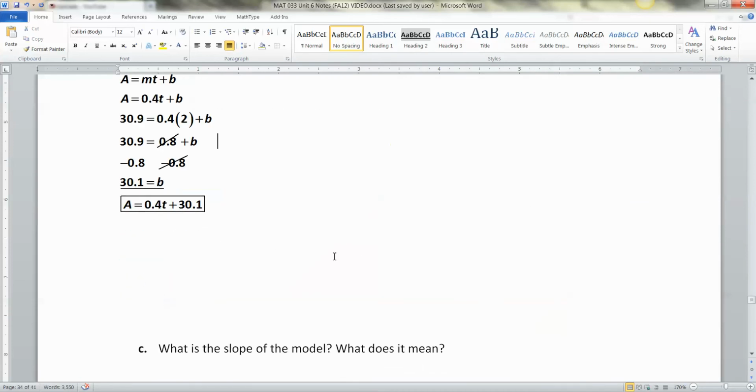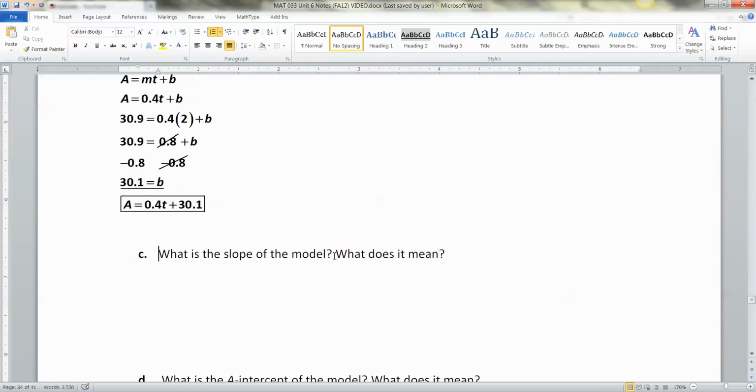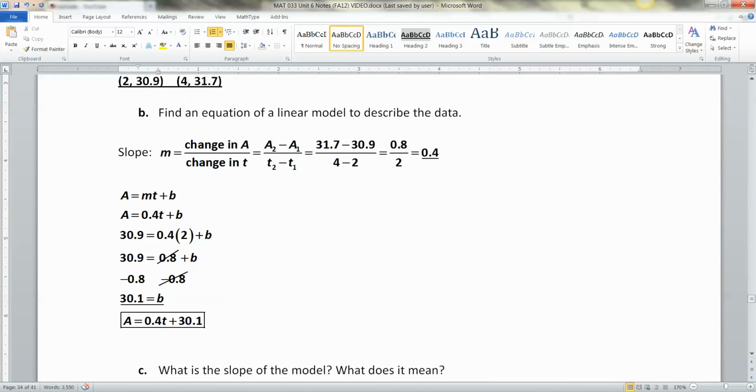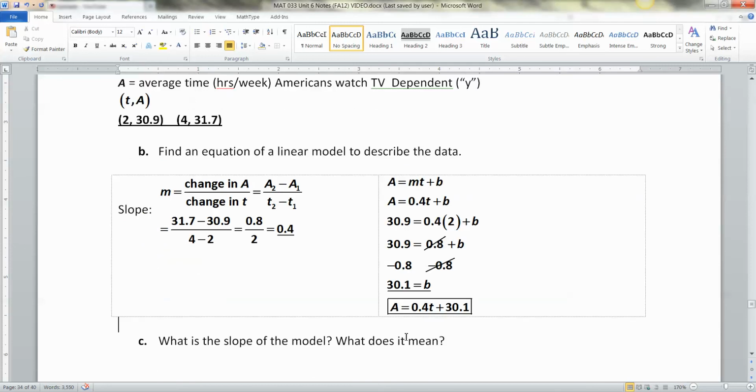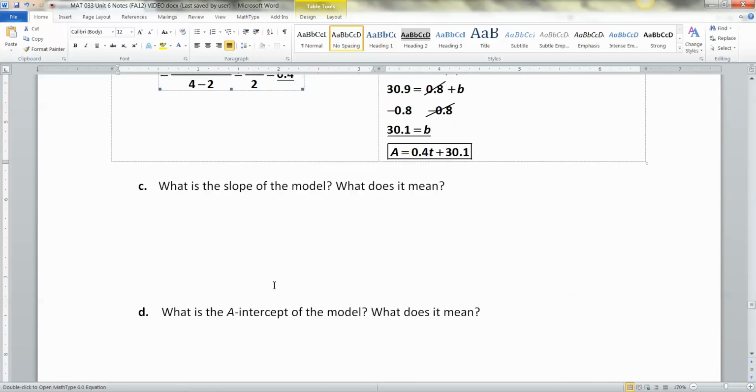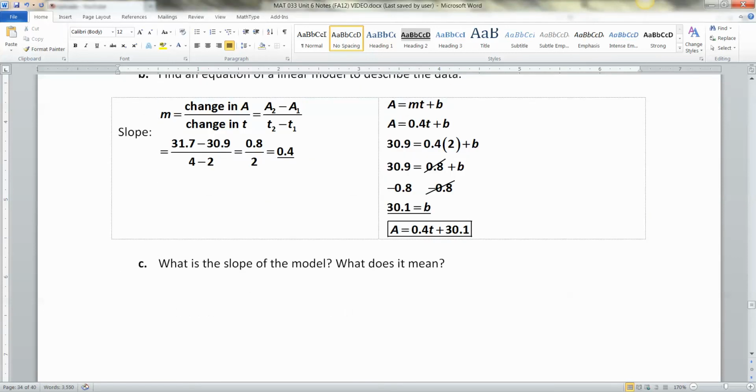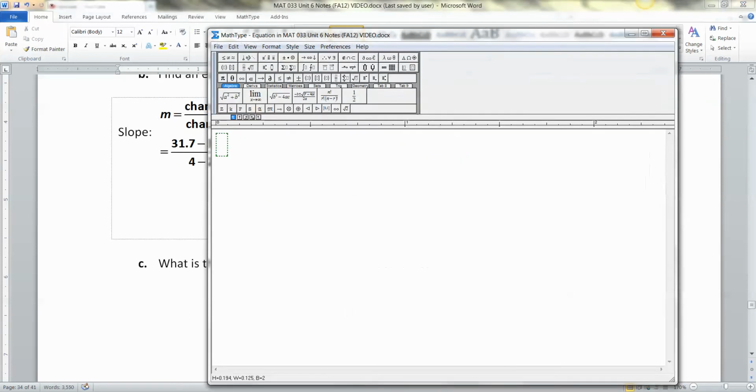All good? All right, now, what was the slope and what does it mean? I had to change the order a little bit, put one on one side, one on the other, just so I could make sense of this. So hopefully you all know the slope was 0.4. We found it together. That's m.